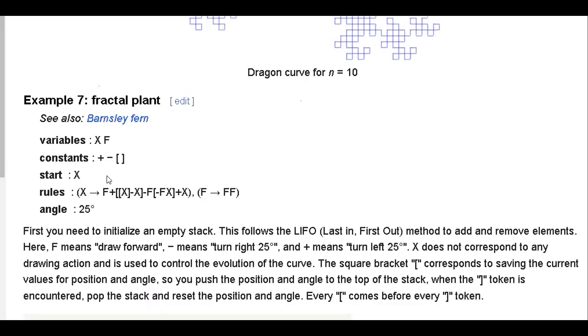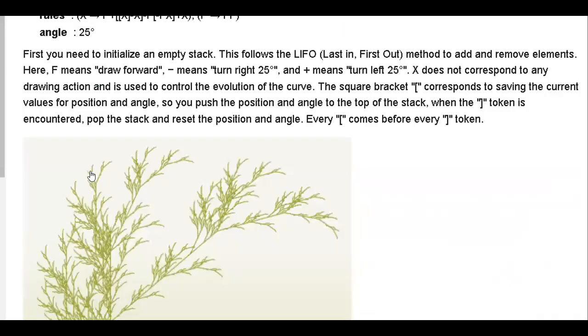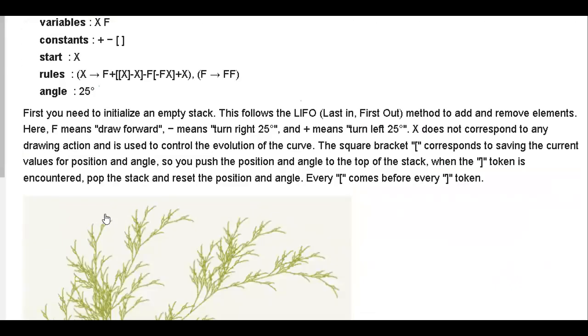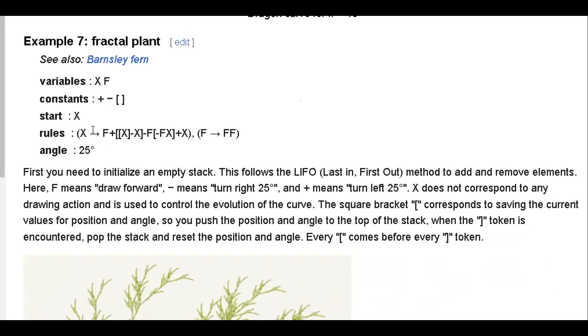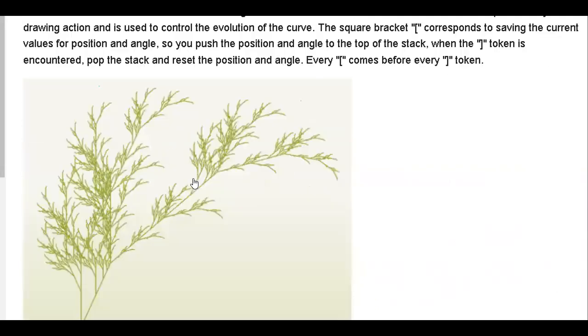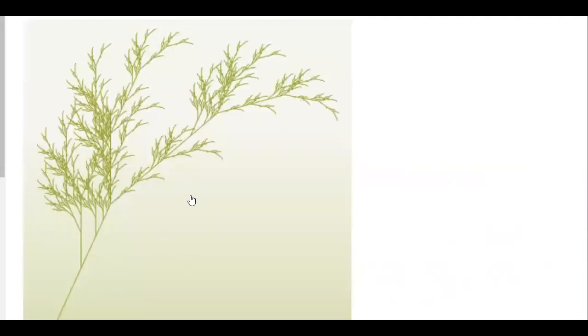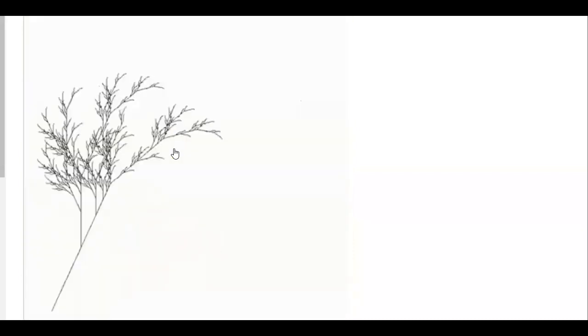This one is deterministic, so we get exactly the same structure, but if you specify a probability, then we get different structures, not this one all the time. Those are stochastic L-systems.